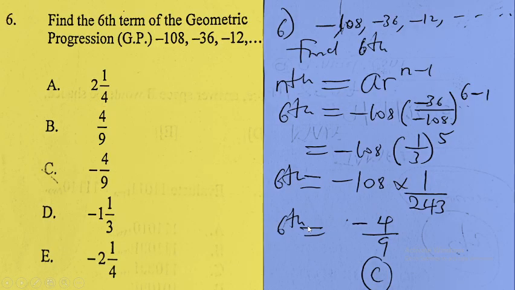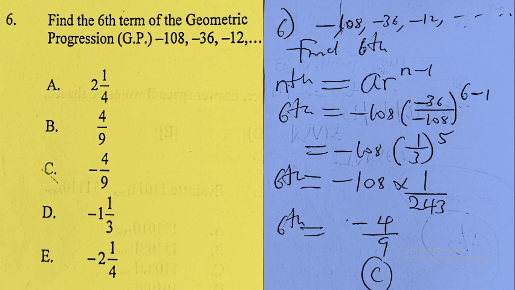So we are moving to question number 6. Now we say find the sum of the geometric progression GP, given the sequence of that progression. So we are having the first term to be minus 108, second term to be minus 36, third term to be minus 12, and so on.